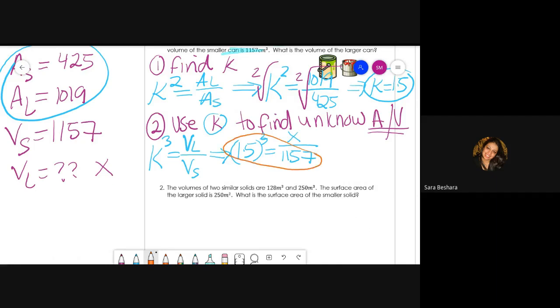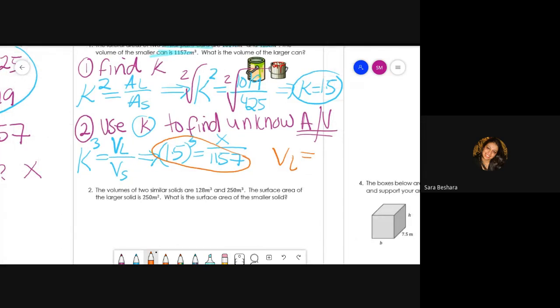So 1,157 times 1.5 cubed should give you volume large, which is x. What is it? 3,904.9 centimeters cubed.